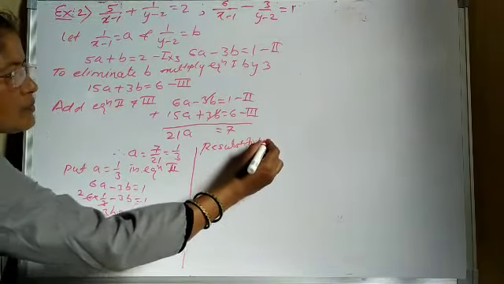Now bring this 3 to this side. 1 minus 3 is equal to y. So 1 minus 3 is minus 2, equal to y. Therefore y is equal to minus 2. So at last, hence x is equal to 5 by 2 and y is equal to minus 2 is the solution of the given equation.